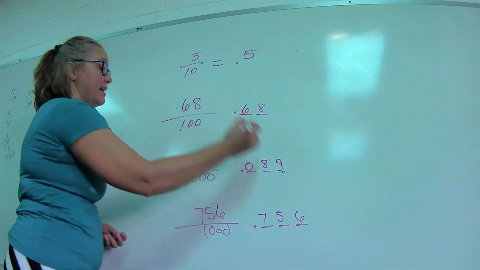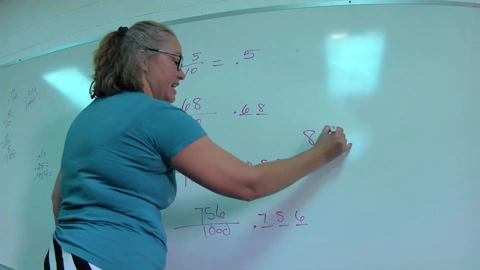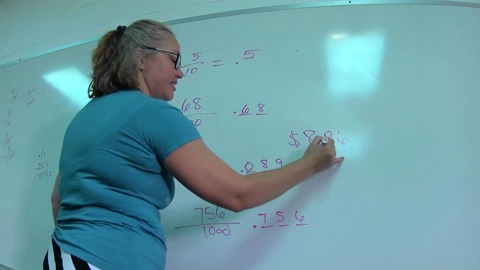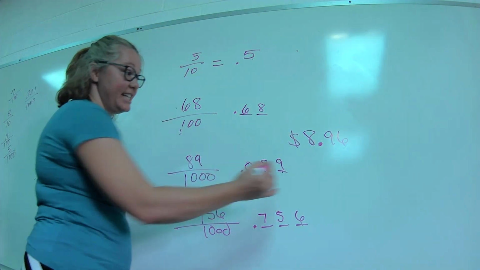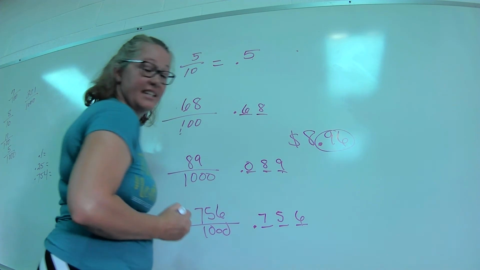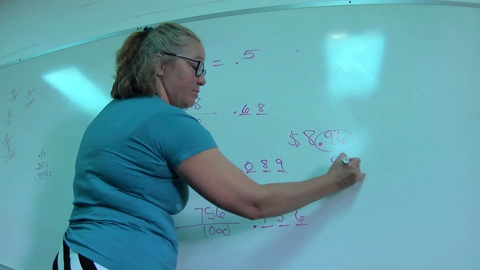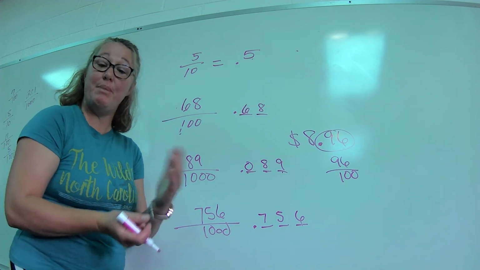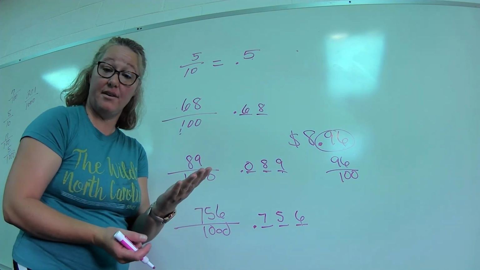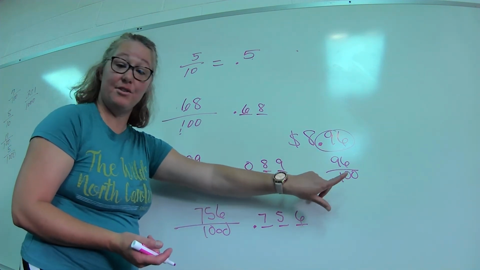So if I had $8.96, looky there. There is a decimal, right? And then 96 hundredths would be 96 hundredths. How many pennies equal $1? That's right, 100 pennies.